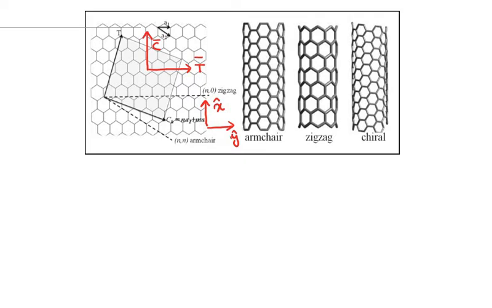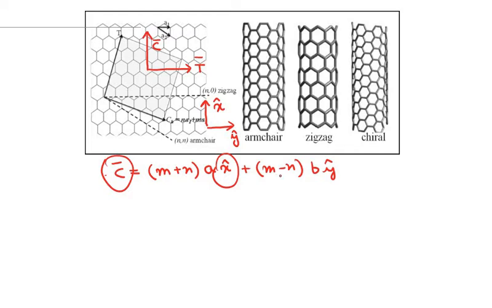Okay, so here again C is equal to (m plus n) a x cap plus (m minus n) b y cap. To make this circumferential vector C lie only along this x direction, we have to choose m equal to n, so that this part is 0.